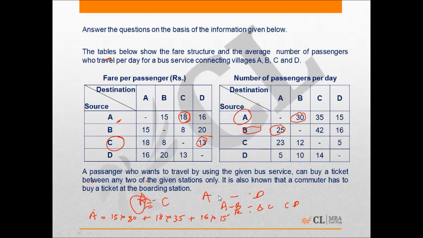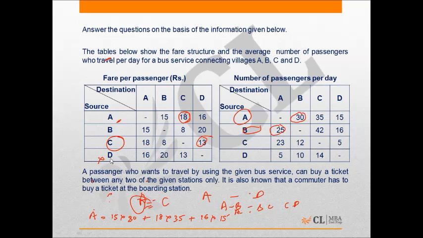But if we closely observe, we can say that the collection at D would not be maximum, because if we compare the fares of A and D, they are by and large very close. But the passengers traveling from station D to other stations are quite few compared to those traveling from A to other stations, so D cannot be the answer.